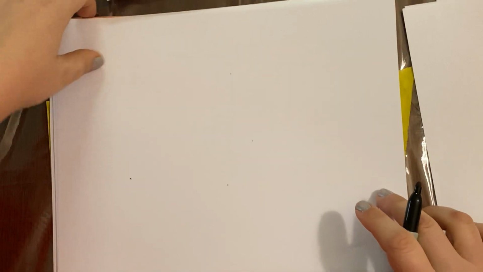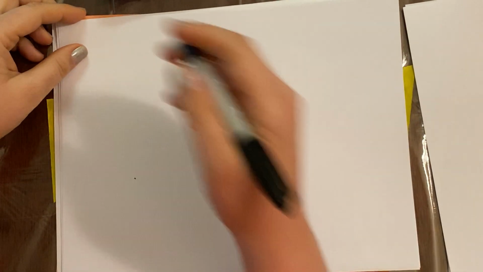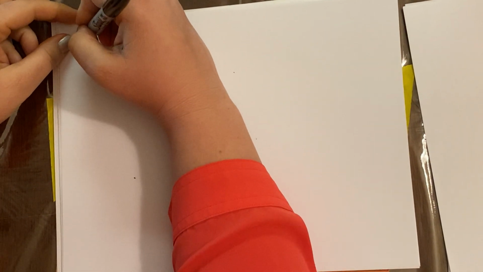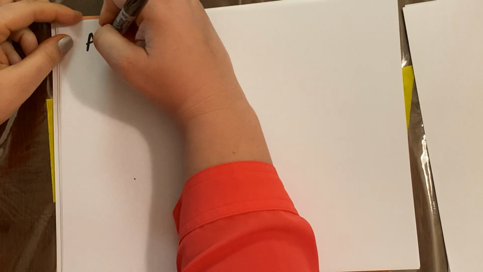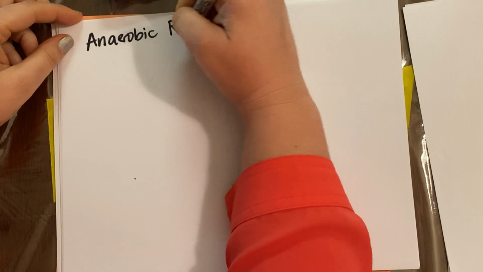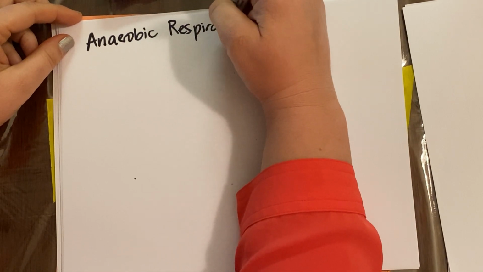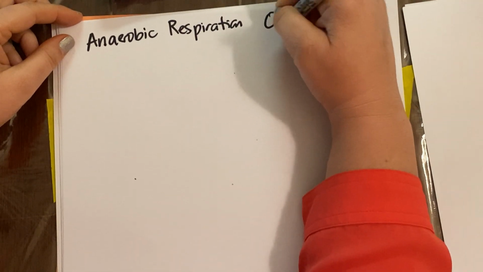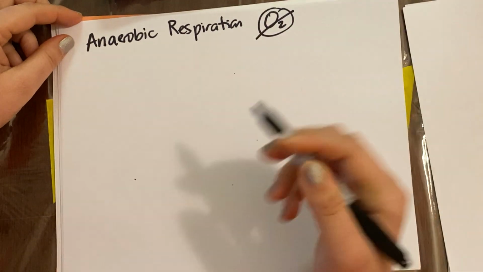Now, one thing I wanted to mention is that when we're talking about the final steps, so both the citric acid cycle and the electron transport chain, those require oxygen. And so we have situations where if there is no oxygen, we're gonna do something called anaerobic respiration. Okay, and what this means is that there is no oxygen.